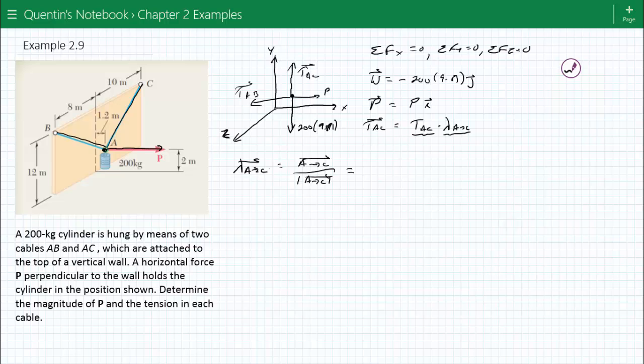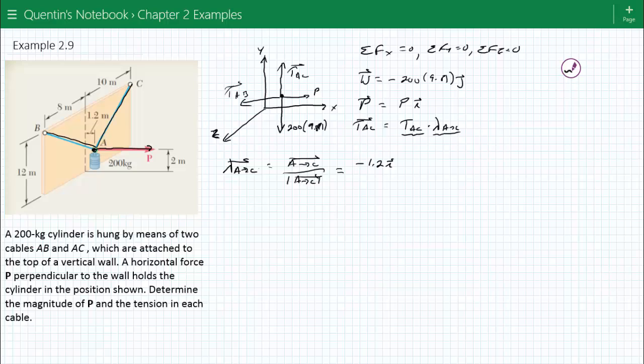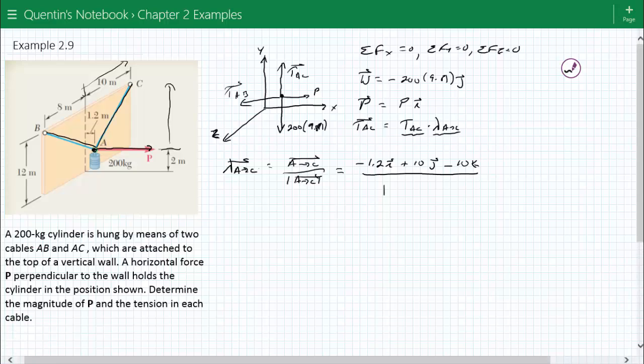In the X direction, it goes minus 1.2 I. In the Y direction, it goes from 2 all the way up to 12, so it goes a positive 10 in the J direction. And in the K direction, from A to C, it goes from here over to here, so it goes minus 10K. But again, that's the vector. We need to divide by its magnitude.